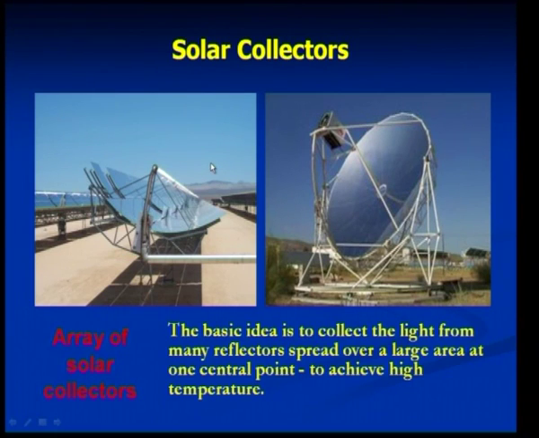The very basic idea behind these solar plates is that they have a larger surface area in order to collect the maximum amount of heat, and all this distributed heat energy available throughout the surface area should be focused into one particular point where you can achieve the highest temperature possible.